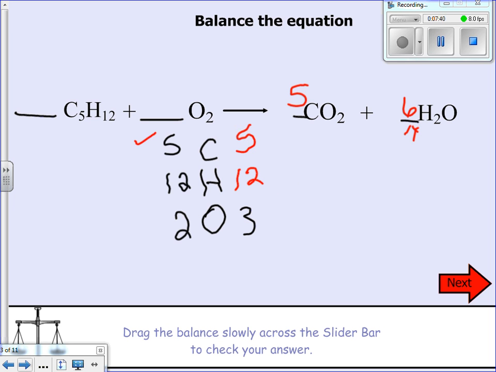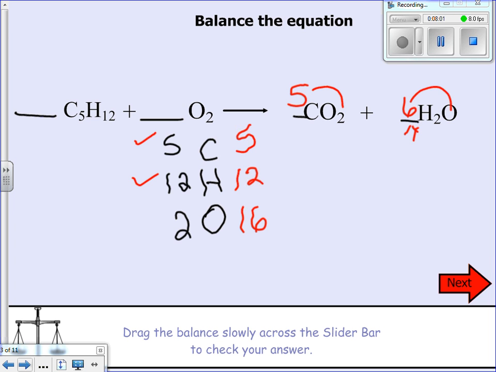Now carbon checked off, hydrogen. Now oxygen, I have 2 on the left. Oh, I forgot to go change my oxygen number. Here I have 5 times 2 is 10, and then plus 6 more. So I have a total of 16 on the right, and I only have 2 on the left.